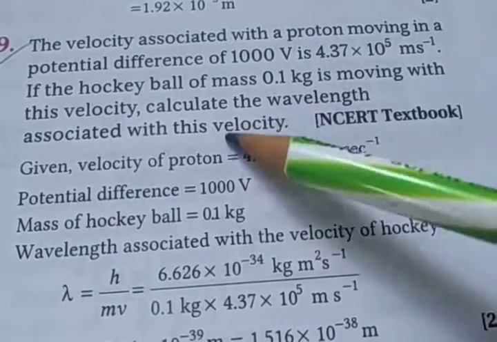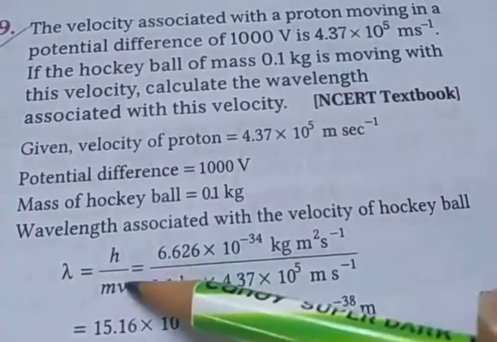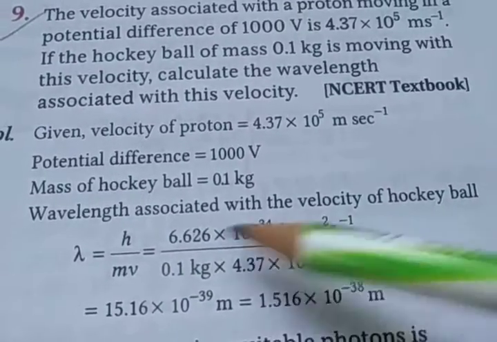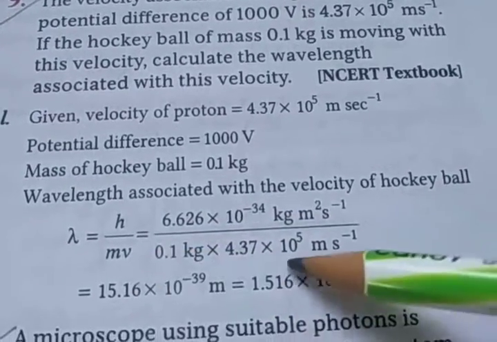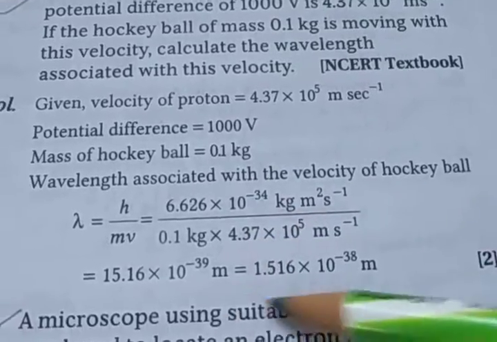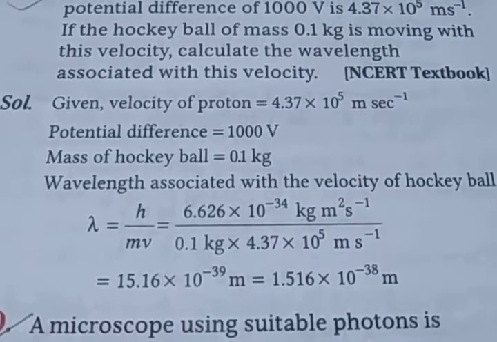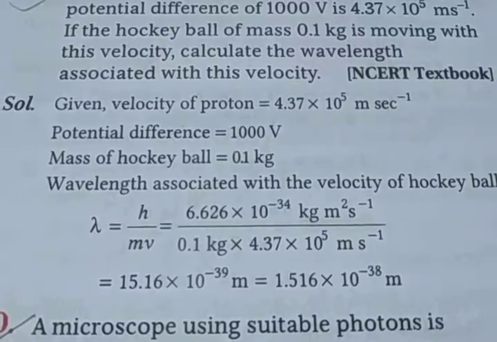So we have to calculate the wavelength, and the formula is lambda is equal to h upon mv, with h the Planck constant, m the mass, and v the velocity. Put the value, and this value comes to 15.16 into 10 to the power minus 39 meter.